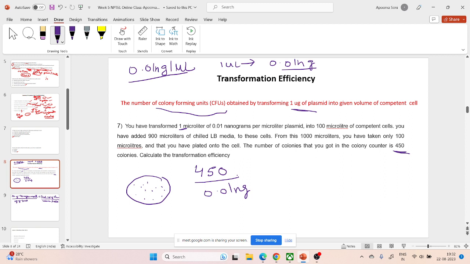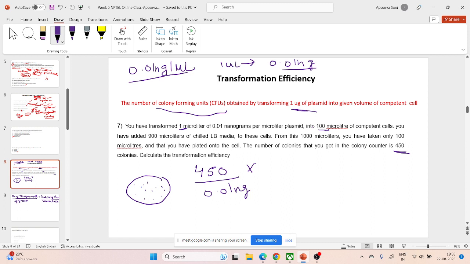Second thing is the final volume of recovery. What is the meaning of final volume of recovery? You have taken 100 microliters of competent cells. Recovery means that because you have given heat shock, after the heat shock you want to recover the cells so that they do not go under much stress.